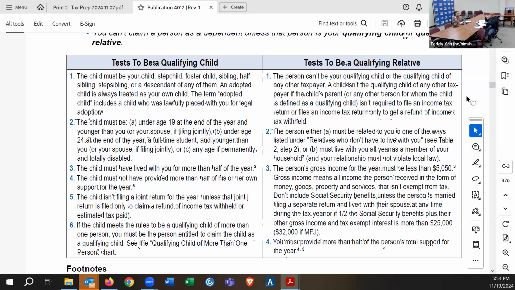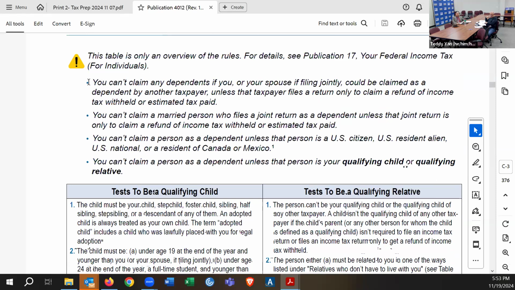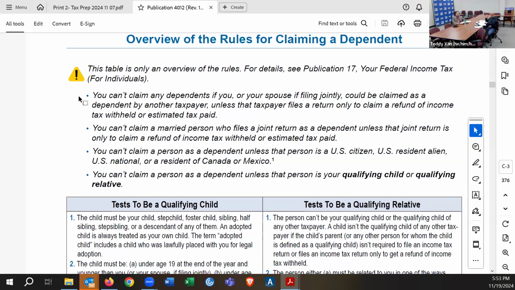This is where I'm going to remind us that we have these preconditions. Dottie has to be a US citizen, resident alien, US national, or a resident of Canada or Mexico. She is. Dottie has to not be married unless she meets this one little criteria, which she is not married.